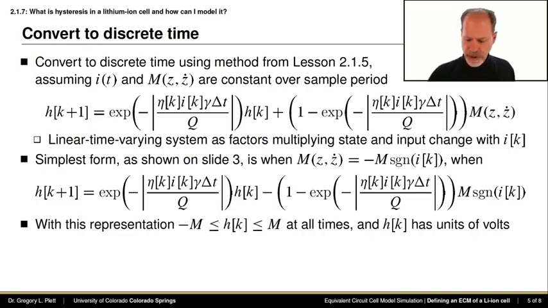When we use this particular representation, it turns out that the hysteresis value is always between plus and minus the constant value of m. And this hysteresis variable h has units of volts. So you can think of m in volts as the magnitude of hysteresis. That's a good way to think about it.